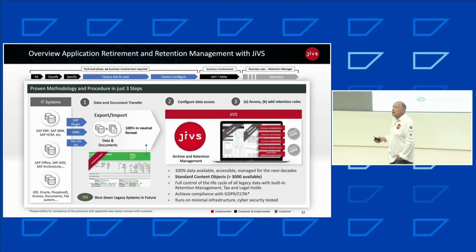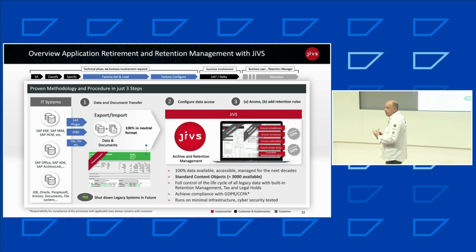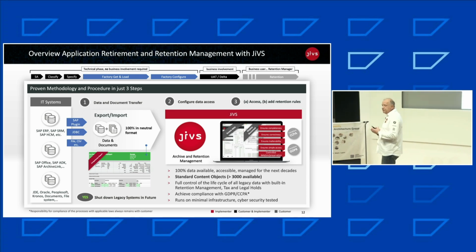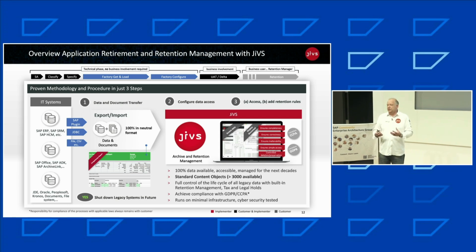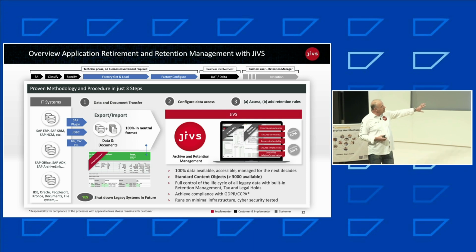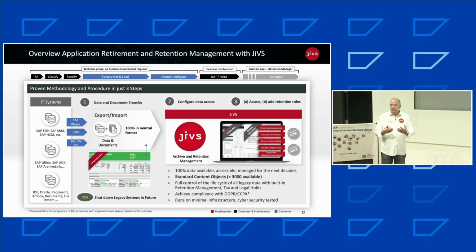So once the data is in JiVS, now it's all about end user access. And this is where JiVS shines. Okay? We have a lot of standard objects available. What it is it's canned reports. And what they do is, since we store all the data in a transparent, non-proprietary format, which is a table format, those canned reports, they bring the context back.